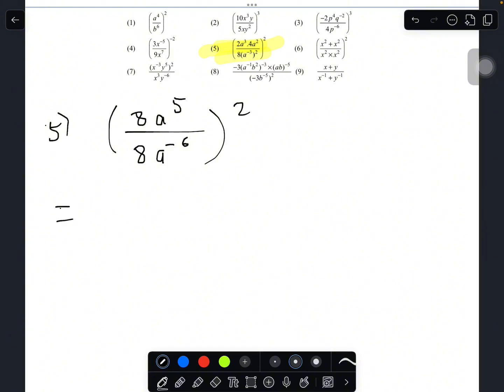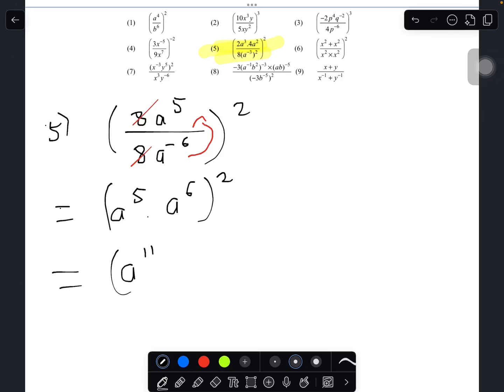We know that this 8 here is going to cancel out with this 8 here. And this a to the minus 6 is going to come here to the top. So I'm now going to have a to the power 5 times a to the power 6, all squared. And that's going to give me a to the 11 all squared, which then gives me a to the 22.